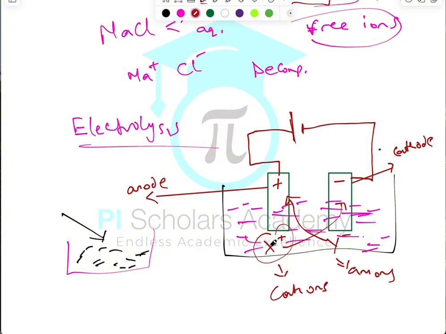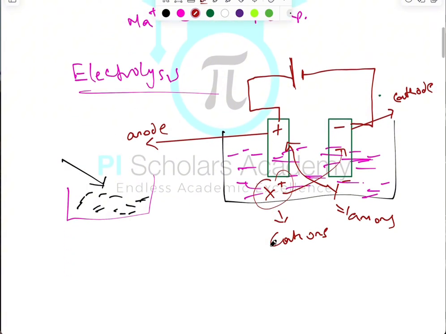So what will now happen to them when they go to this place? One thing that happens is that they can be deposited at the cathode or at the anode, depending on whatever is going on. I'm going to explain the detail of everything here. But here's what we notice will happen. At the cathode, what usually happens there is reduction.